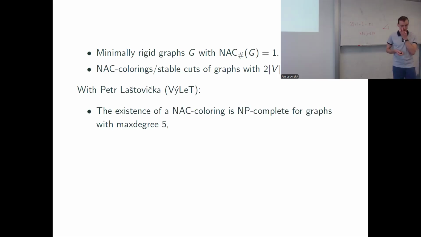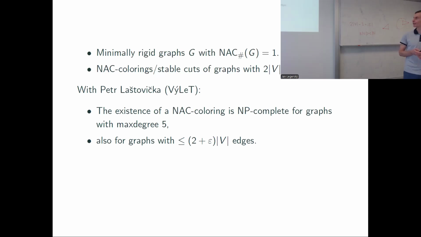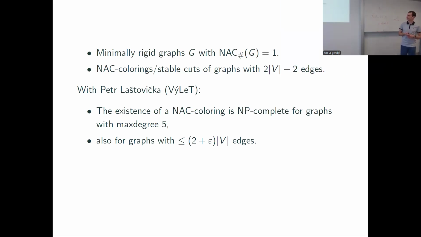And there's also some ongoing work with Petr Laštovička in VLED. So now we are finishing a proof that, similarly as for the stable cuts, the existence of a NAC-coloring is NP complete for graphs with maximum degree 5, and also if you restrict to 2 plus epsilon times the number of vertices.